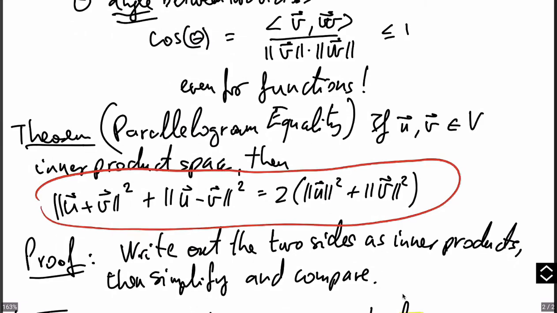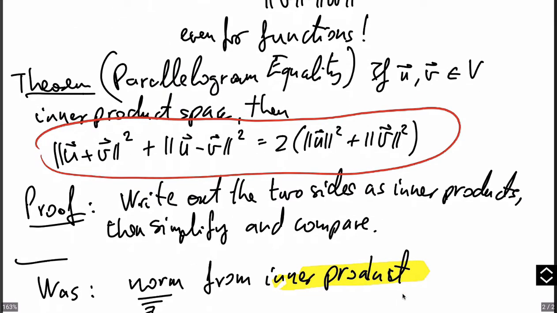The parallelogram equality comes from the fact that if you have two vectors u and v, you can shift these vectors to form a parallelogram.